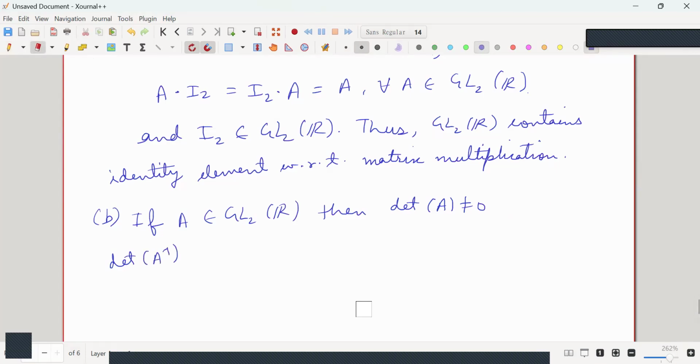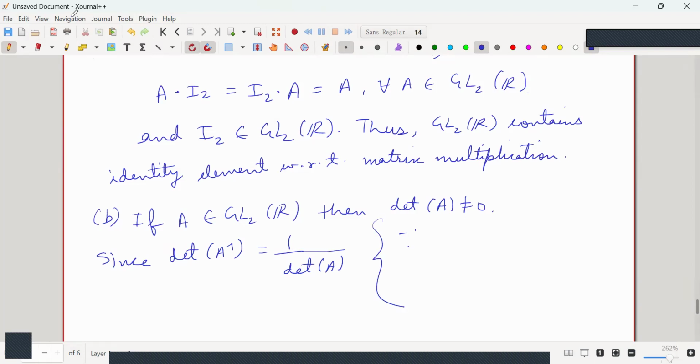This implies determinant of A inverse is 1 upon determinant of A. And how is this coming?